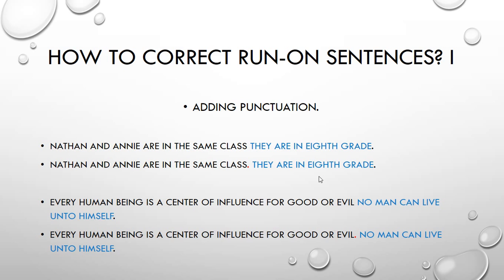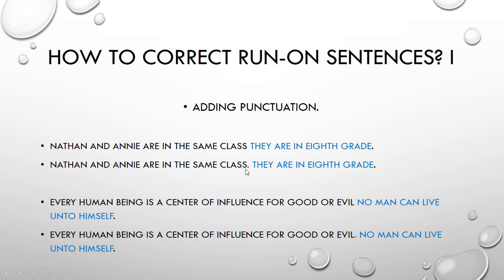One, the first option we have is adding punctuation. When we have two sentences in one which don't contain any punctuation, we are going to add punctuation. For example, here, the first example, we have two sentences in one without any punctuation.